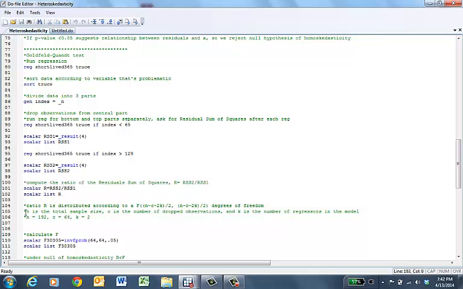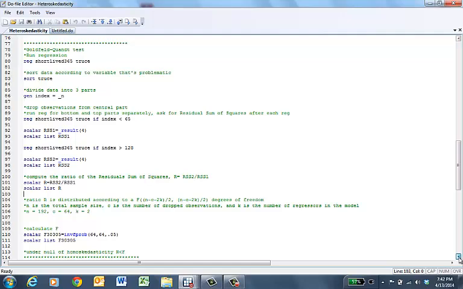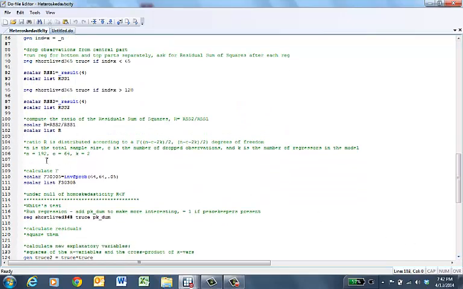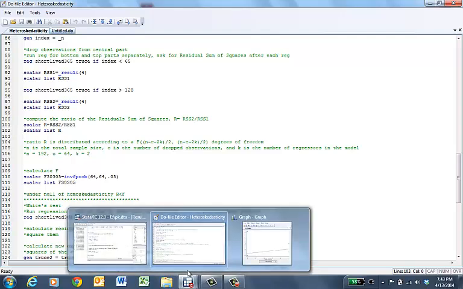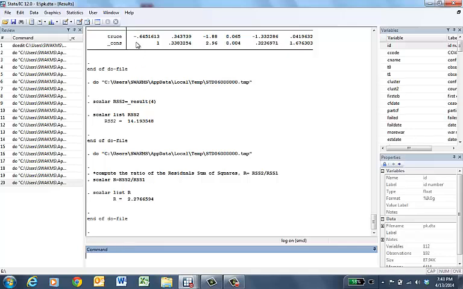So next we calculate our F statistic, where our N is the total sample size, so from all parts of the data, which is 192 observations. And then C is the number of dropped observations, which is 64, and K is the number of regressors in the model, which in our case is 2, including the constant.